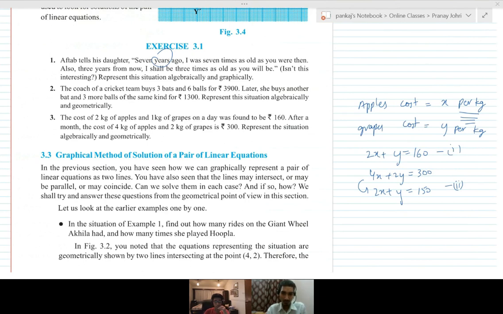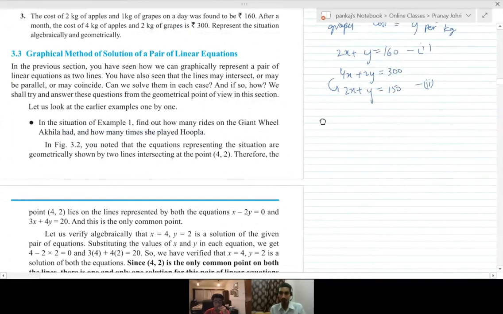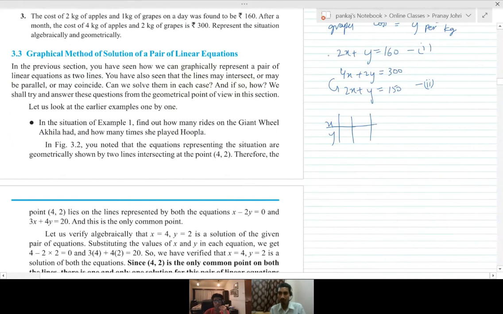Now find the values of x and y. For the first case, x can be 50 and y can be 60, and x can be 20 and y can be 120.